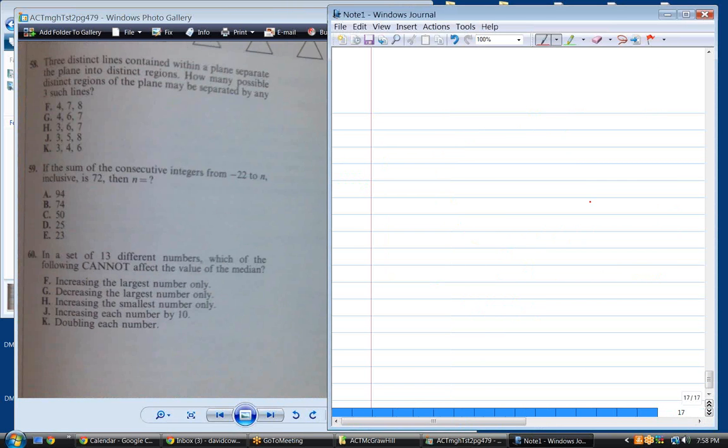It's a clever one. 3 distinct lines contained within a plane separate the plane into distinct regions. How many possible distinct regions of the plane may be separated by any 3 such lines? So let's let this be the plane.